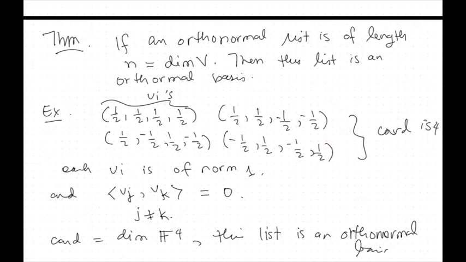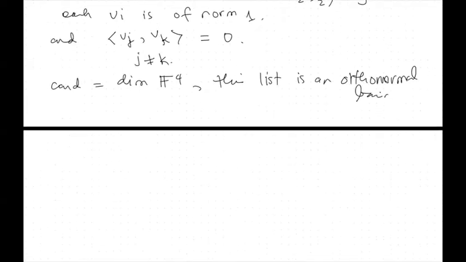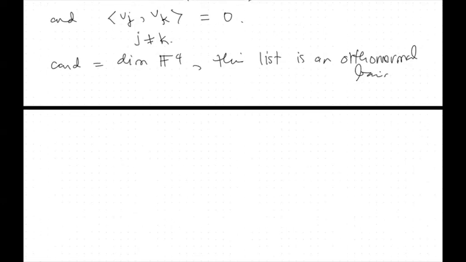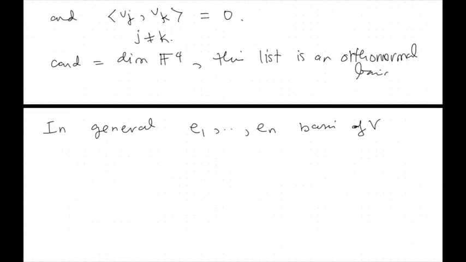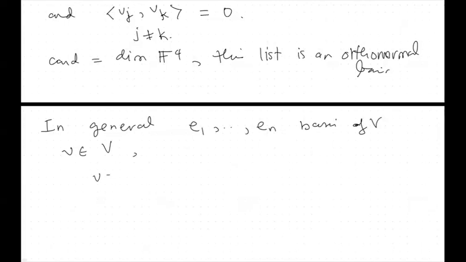Now, in general, suppose we have an arbitrary basis e1 to en of our vector space V. Of course, if we have a vector v in V, then v is just a linear combination of the basis elements.